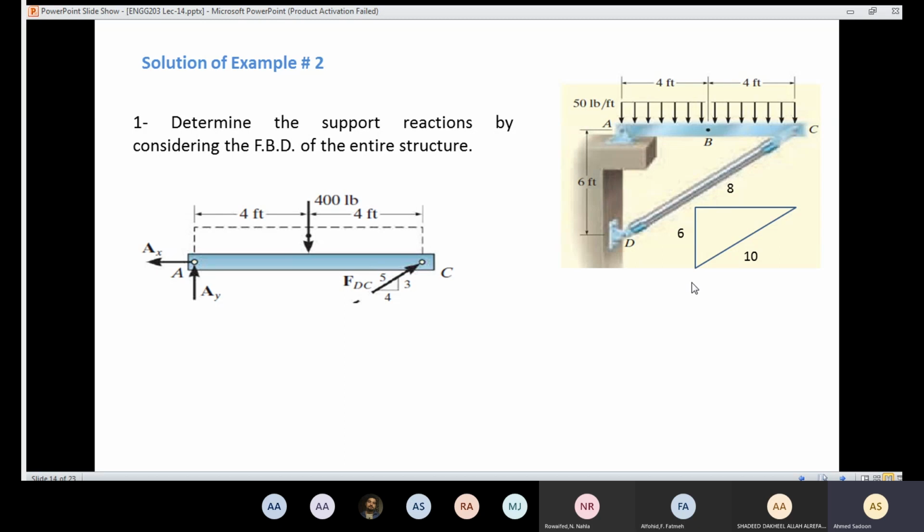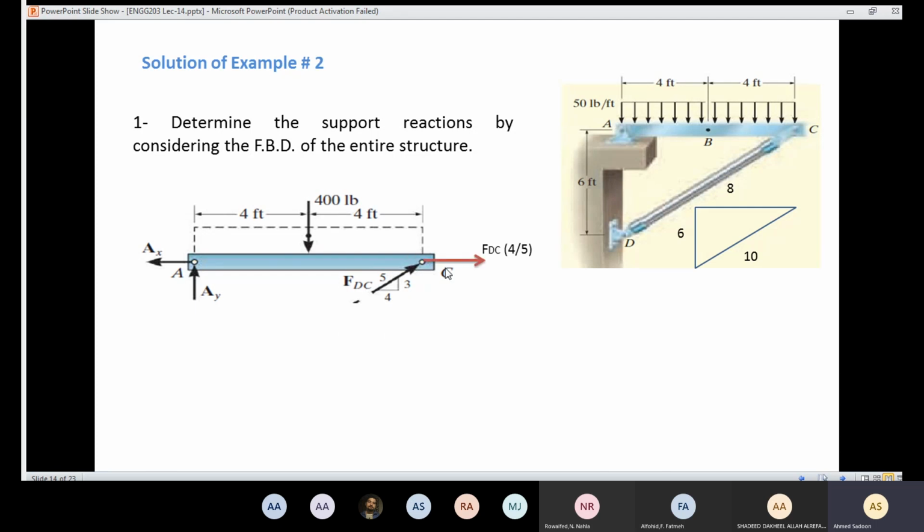So if you use this triangle or that triangle, it doesn't really matter. You are going to end up with the same result. So here we are going to use a 3, 4, 5 triangle. Then we need to, of course, decompose the forces.